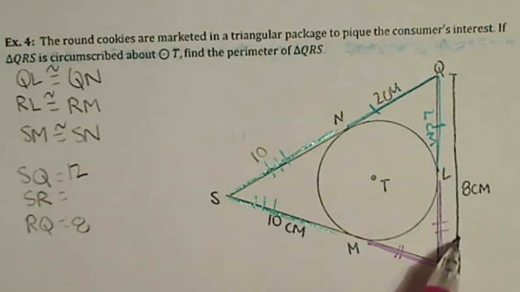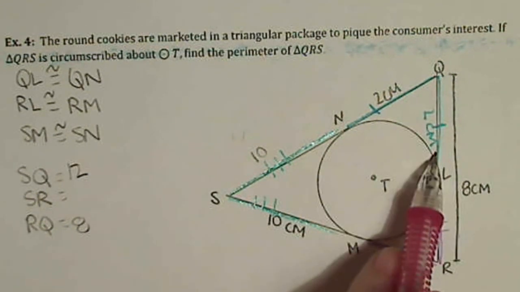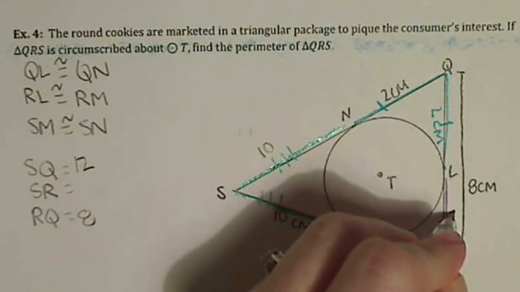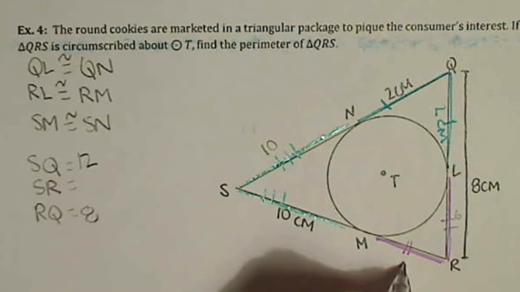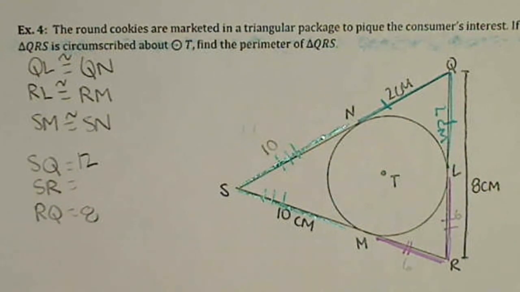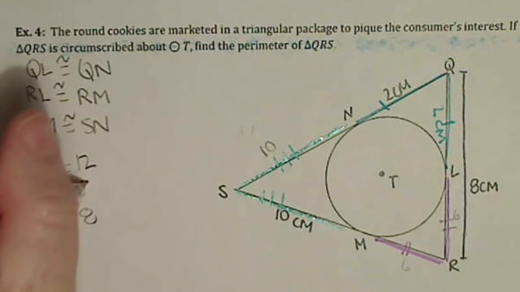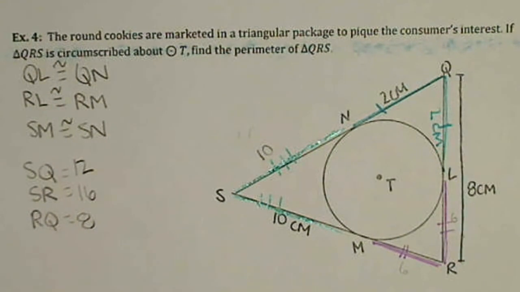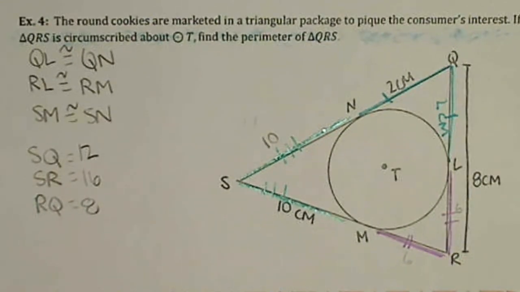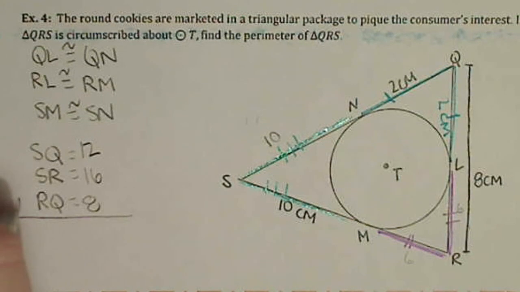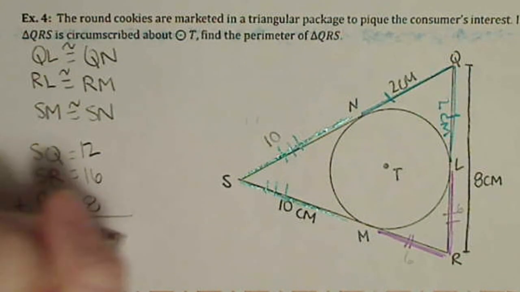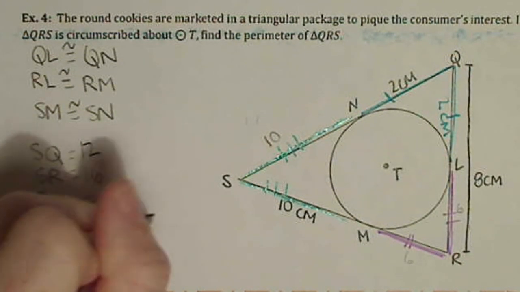This whole side was 8. If this is 2, how much is left? Yeah, 6. That means this is 6, and MR is also 6. So SR is 16 units long, or centimeters. So now we can find the perimeter. We can just add all of these up for the perimeter. So the perimeter is 36 centimeters.